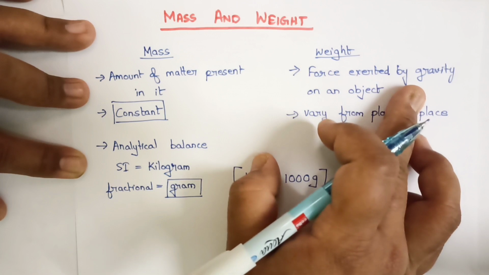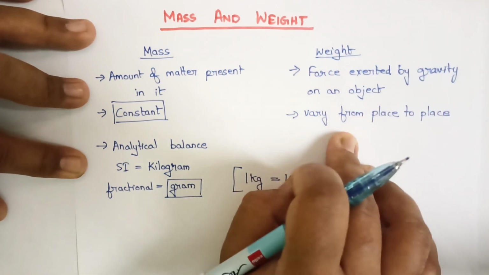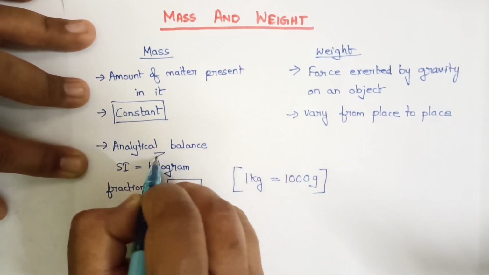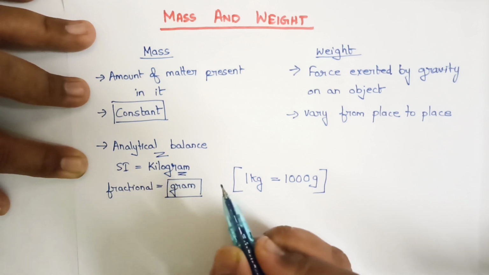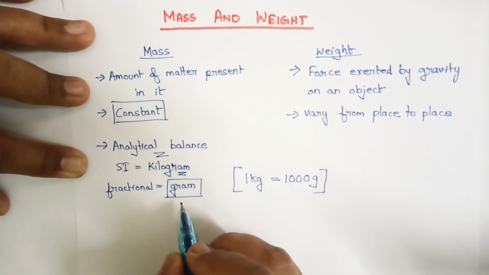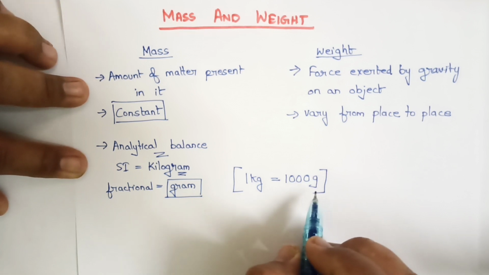Gravity is different from one place to another, so obviously the weight will also vary. And these are measured by using an analytical balance. SI unit is kilogram. Its fractional unit is gram. And the conversion which you have to remember is 1 kilogram is equal to 1000 grams.